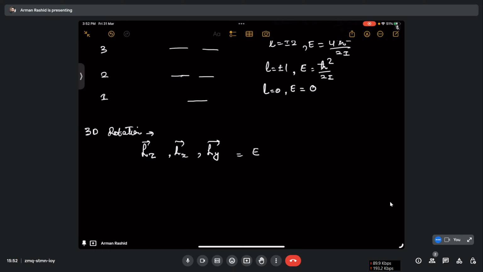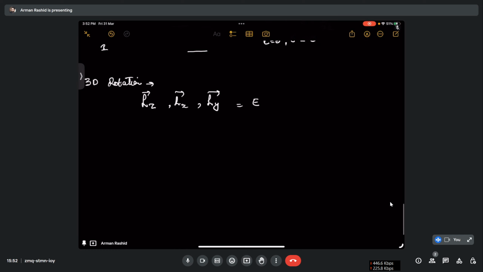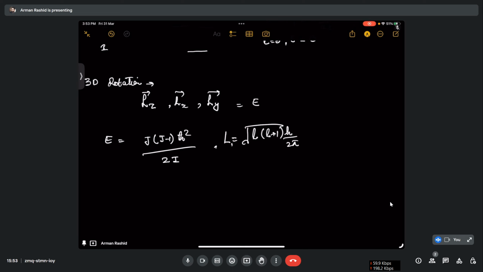Once we solve it, we have to use the quantum mechanical equations for Lx, Ly, Lz and the total energy. What we get in terms of energy is J(J+1)ħ squared by 2I, and the square root of L(L+1) h by 2π is the magnitude of the total angular momentum.